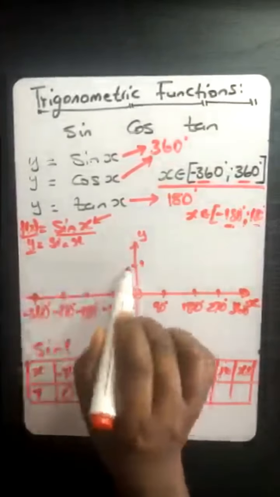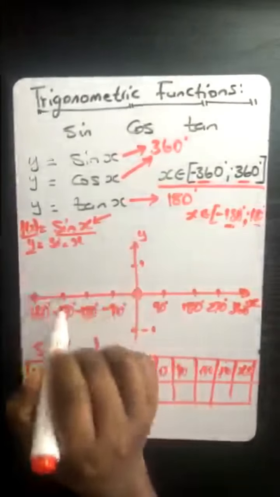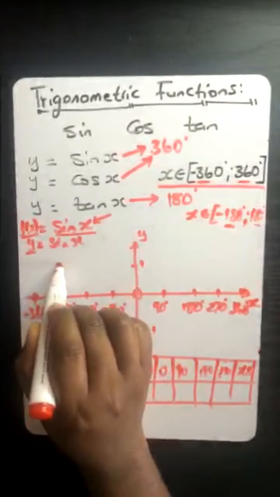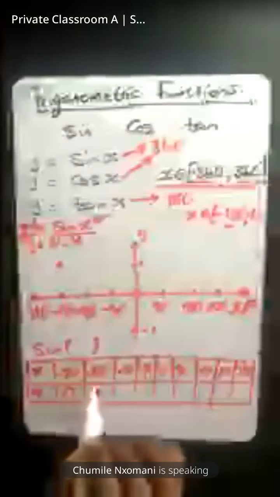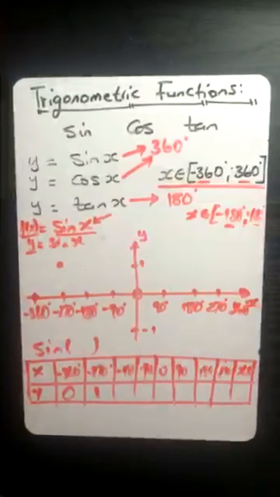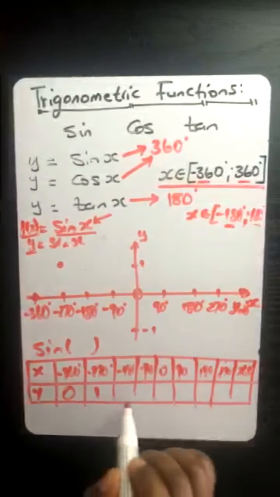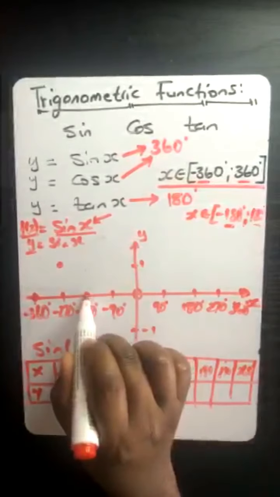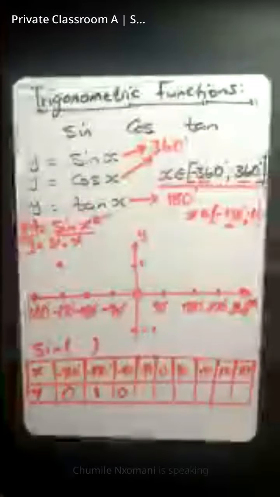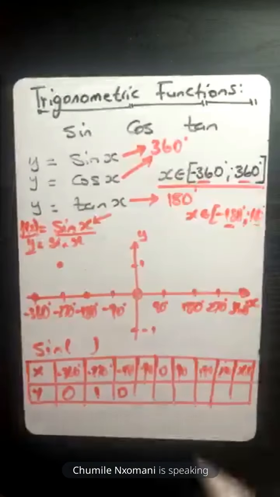You make a dot where those join. Can you see that, Chumi? Yes, sir. Okay, punch the next one, negative 180. I'm getting 0, sir. So that means this is where I'm going to make a dot. Does it make sense now? Yes, sir.